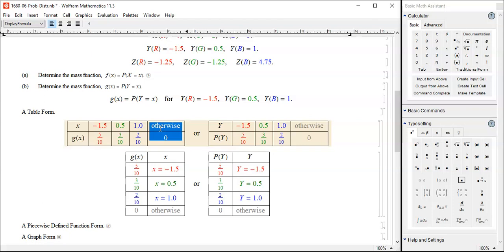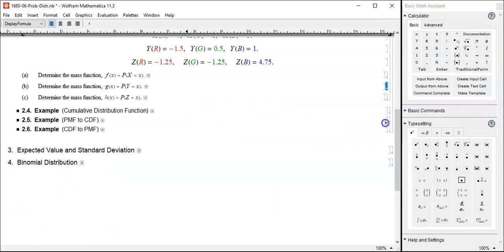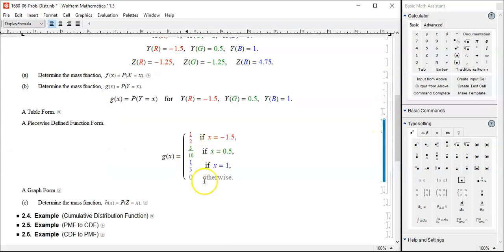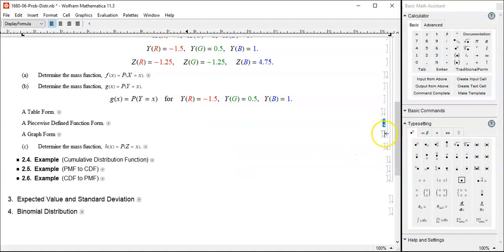If you do some MyMathLab exercises, then each spot here will be blank boxes, and you'll have to fill those in. You have various problems there, either in horizontal form, vertical form, or piecewise defined form. All these show up in MyMathLab exercises.